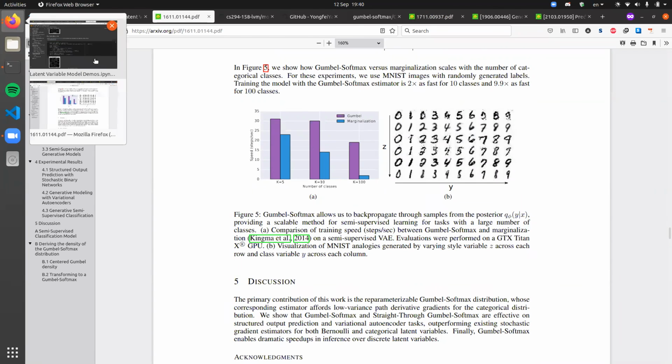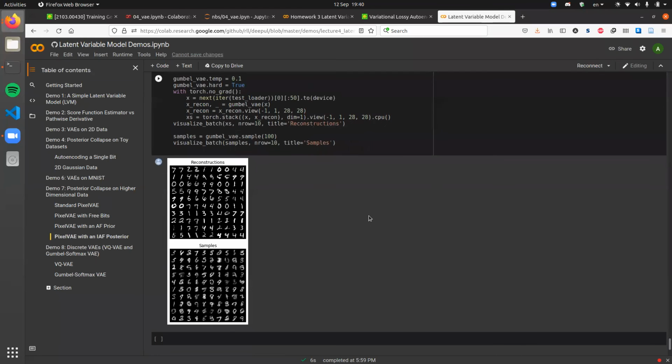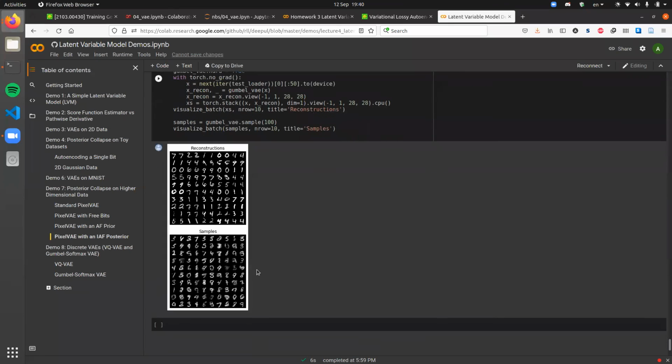Okay, I guess that is the last example. You can see that the results are pretty nice in the demo they have for the lectures.